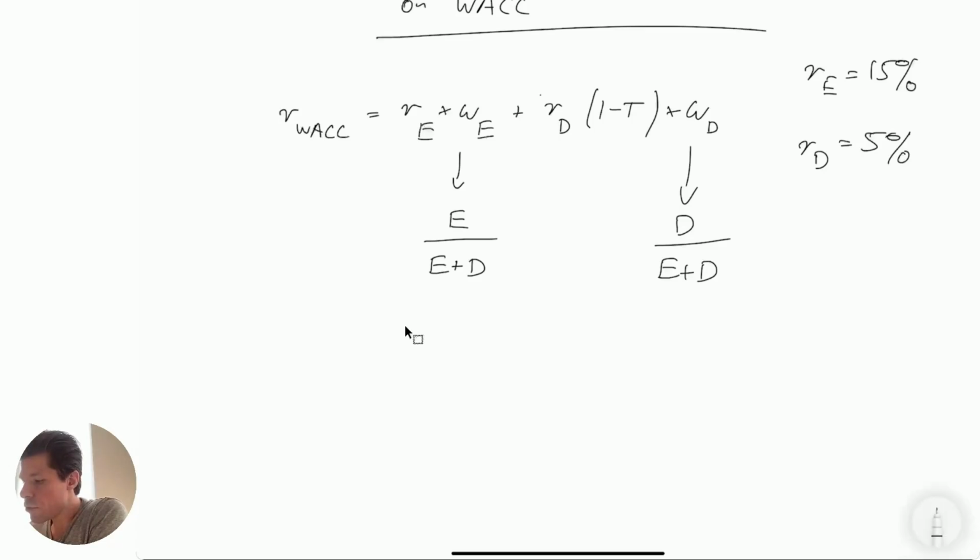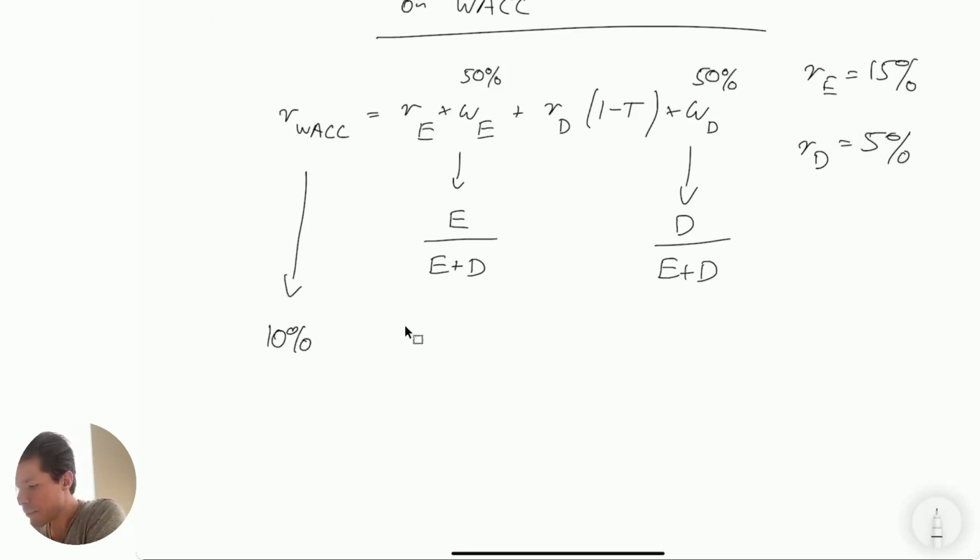If we introduce more and more debt, something will happen. Say we introduce 50% debt, 50% equity, and let's leave the tax portion out for the time being. You could argue, okay, I have a 50% equity portion and a 50% debt portion, so my weighted average cost of capital would be 10%, right? Because I have 50% of 15 and 50% of 5, so I would take the average.